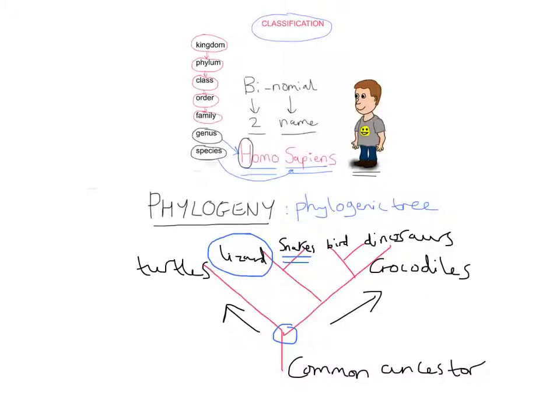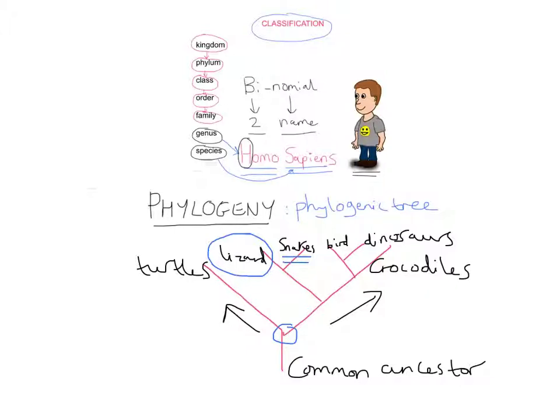DNA analysis is something that often comes up in discussion about classification. DNA analysis is used to provide information to support the construction of this phylogenic tree. What's called DNA sequencing, so looking at the base sequences, the letters that make up DNA, has enabled scientists to become more certain of how closely related organisms are.